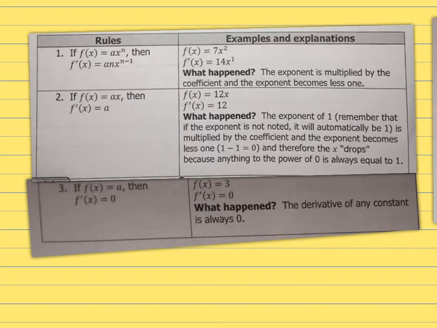What happened? The exponent, that one there, is multiplied by the coefficient, the one in front of it. And the exponent becomes 1 less.